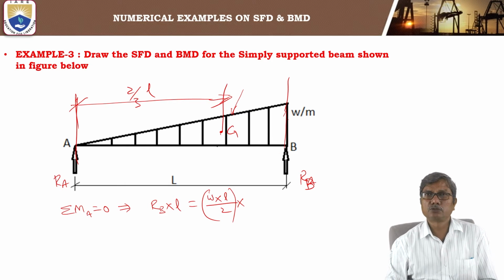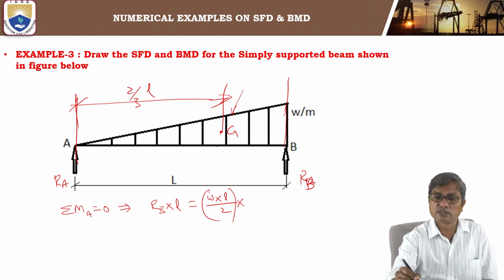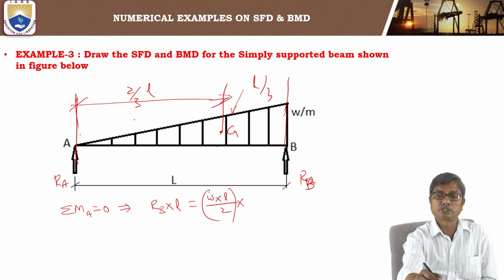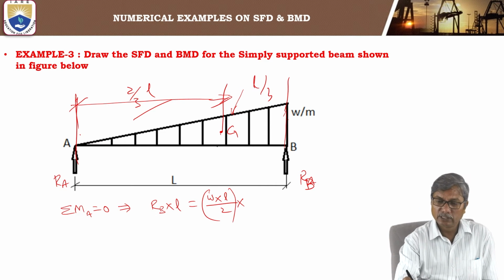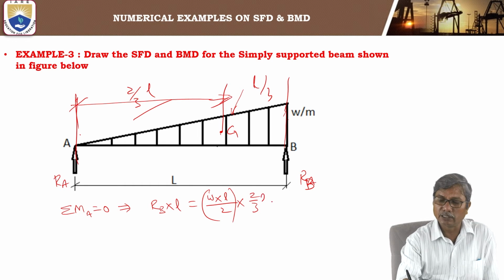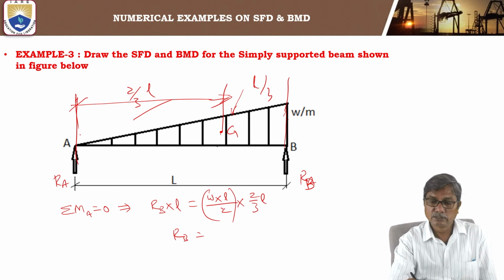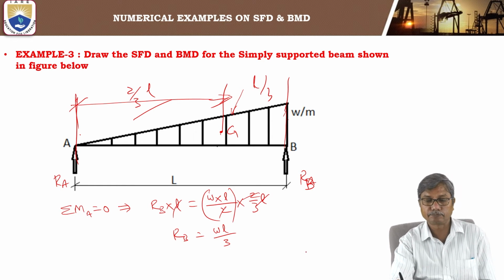So from base it is 1/3 of L, and from vertex it is 2/3 of L. So here you take 2 by 3 L. So it gives RB. L cancels, so RB you will get WL by 3.